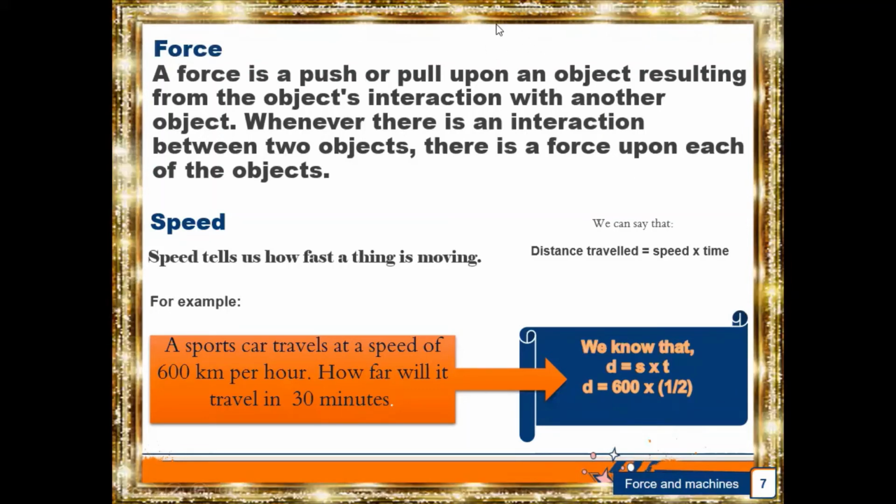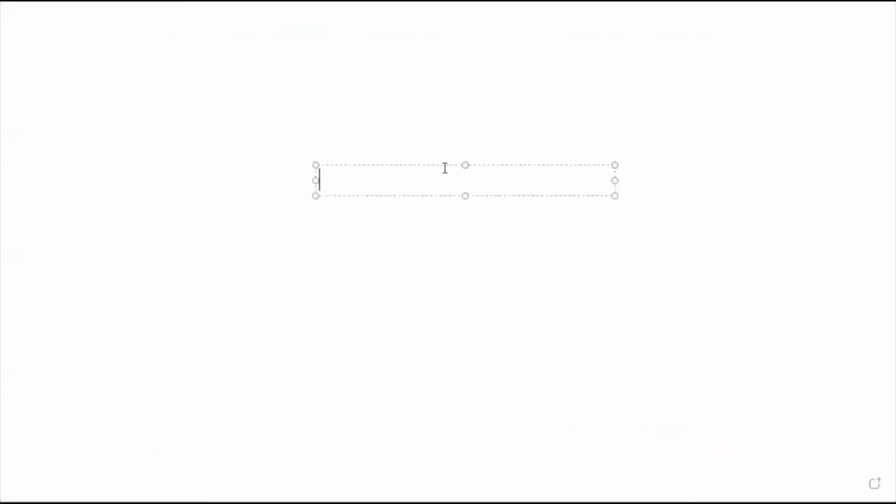Here I'm going to share my whiteboard, in which I'm writing that d is equal to 600 multiplied with 1 divided by 2, right?